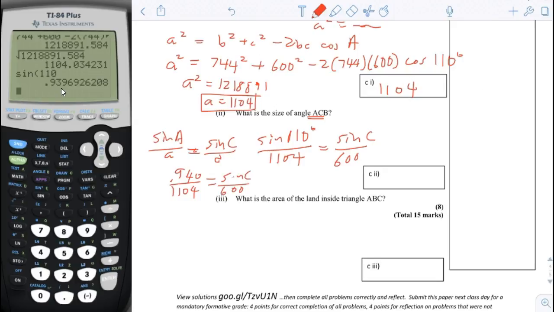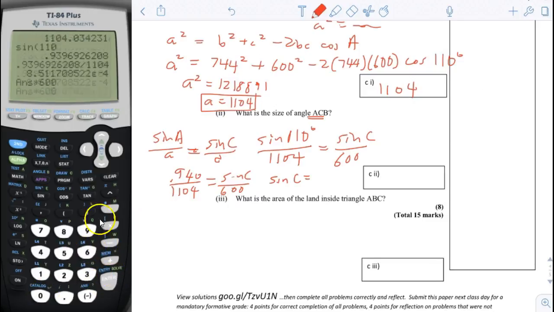Now I'm going to multiply both sides by 600, and then I will get an expression for sine C. So I'm going to do 0.940 divided by 1104, and I get something very small. And then I'm going to multiply by 600 because we want to multiply both sides by 600. And it gives me 0.511. So sine C is equal to 0.511.